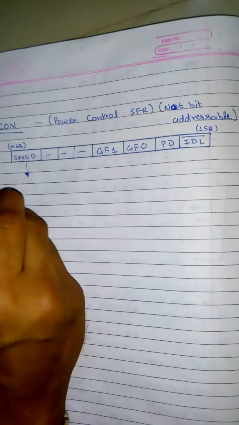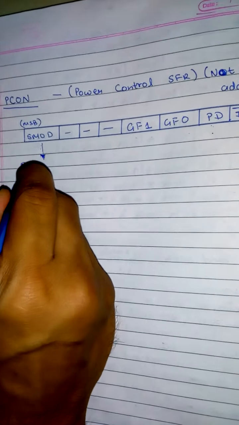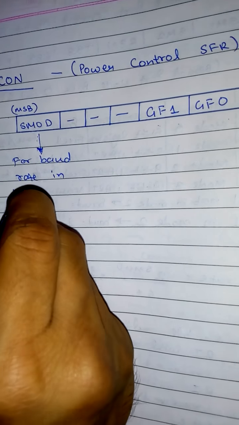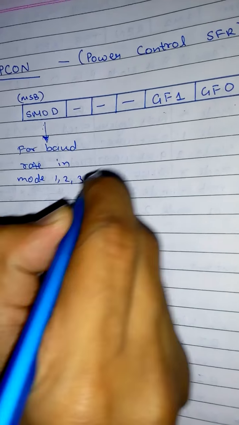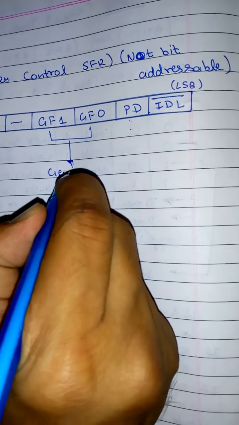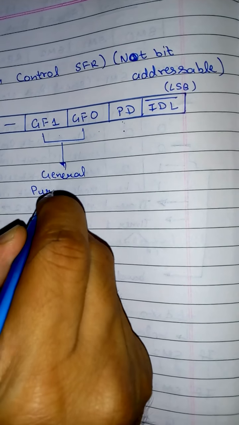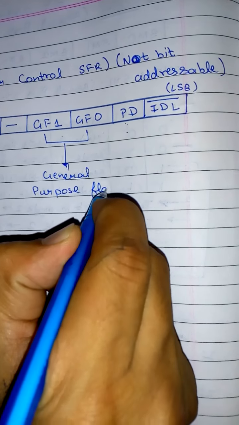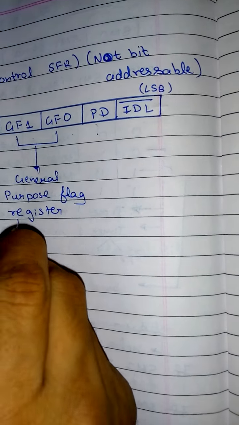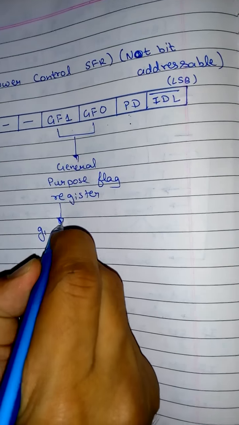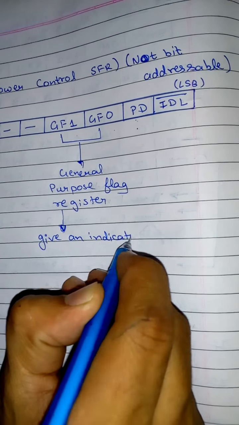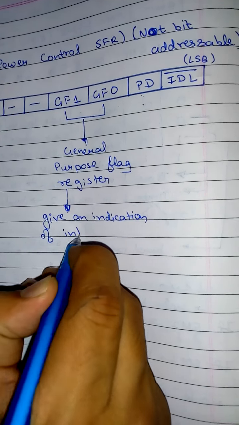So I will write it down: SMOD for baud rate in mode 1, 2 or 3. GF1 and GF0, general purpose flag register. What do they do? They give an indication of interrupt.